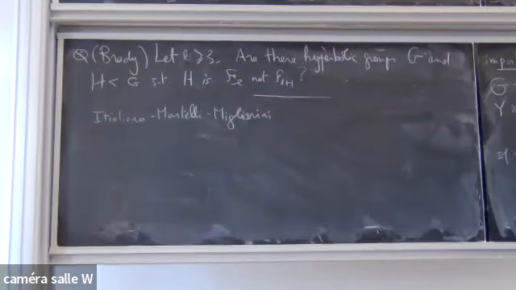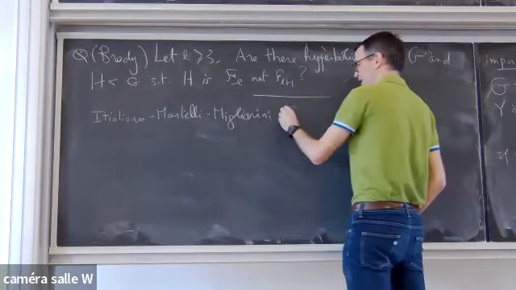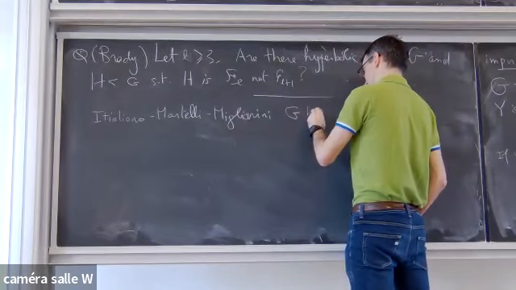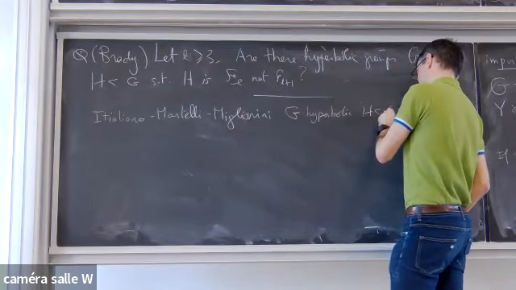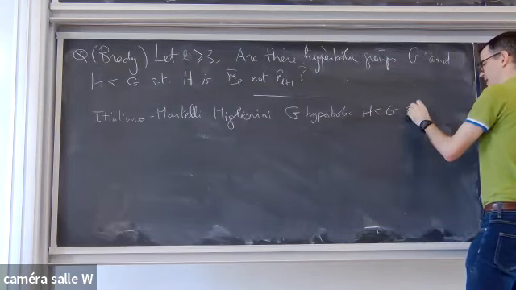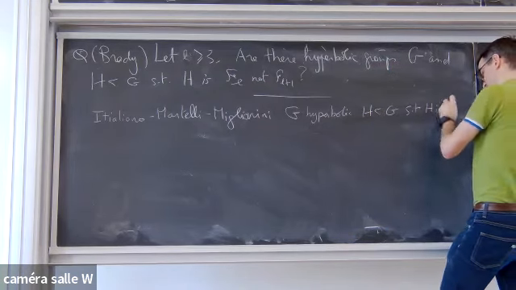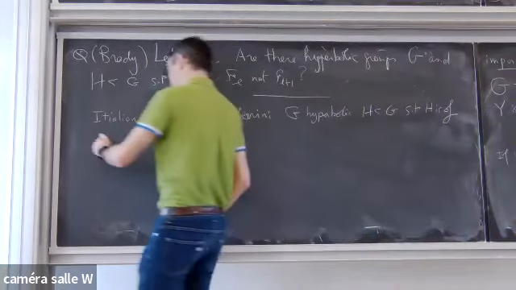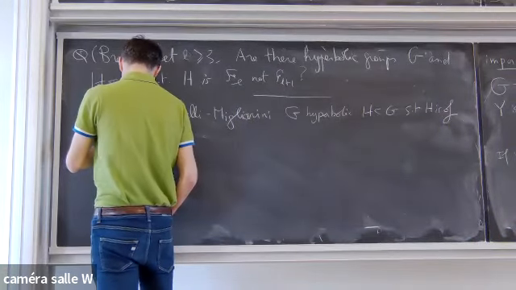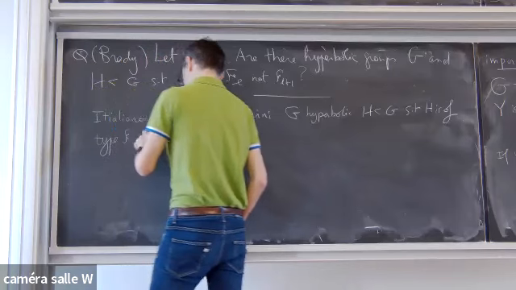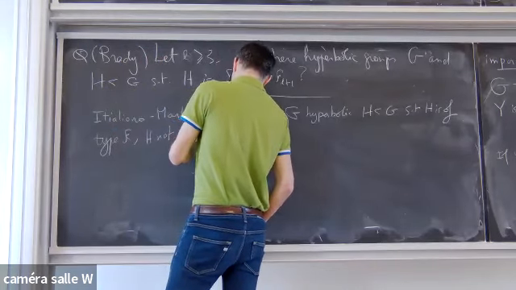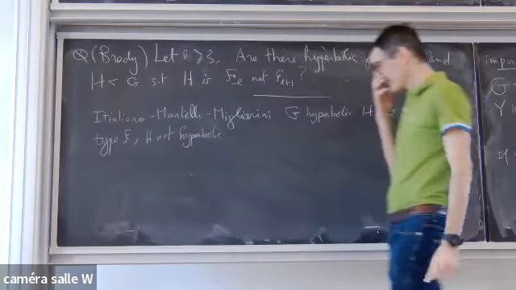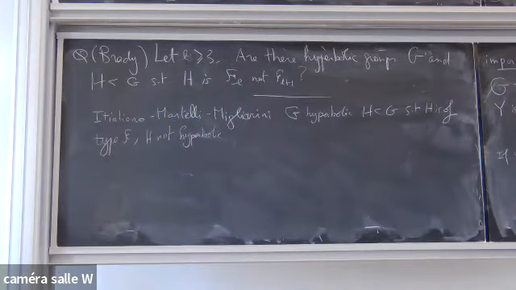They gave an example of a hyperbolic group G and a subgroup H, such that H is of type F, so it has a finite classifying space, but H is not hyperbolic. So this was also a big open question for the field of finiteness properties.